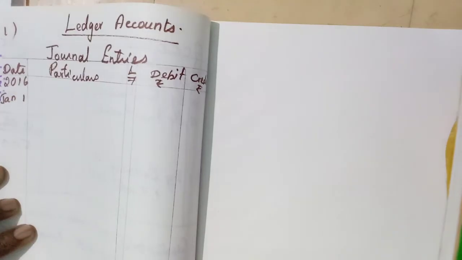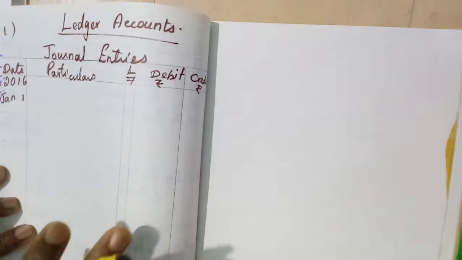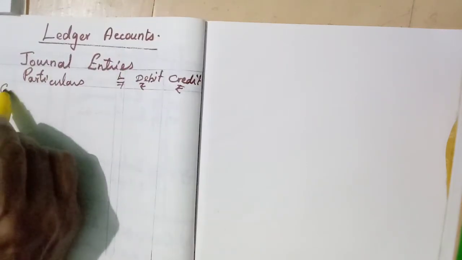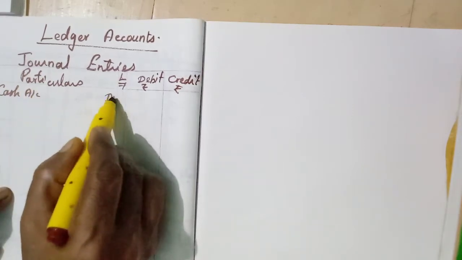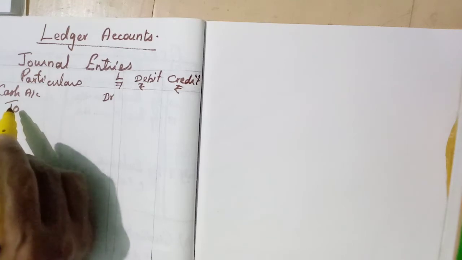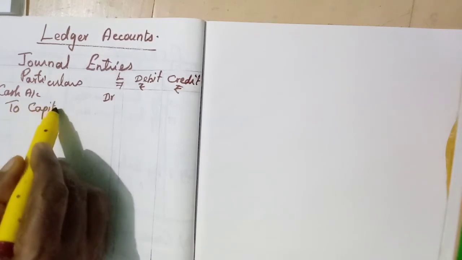Started business with cash. Here two accounts are involved. One is cash, another one is capital, isn't it? So cash, real account, cash is coming in. So cash account debtor to, here the person's name is not given, so simply we can write capital account.